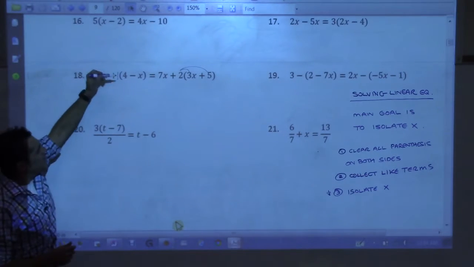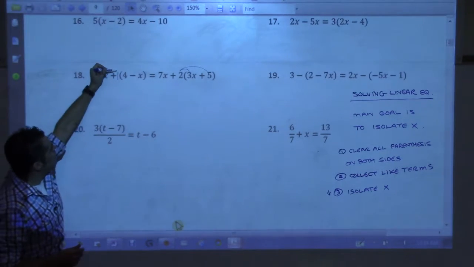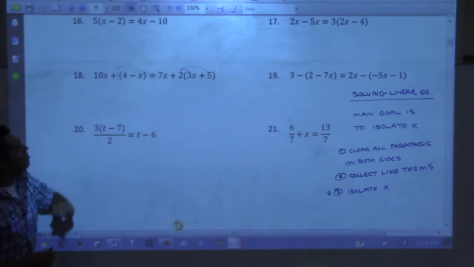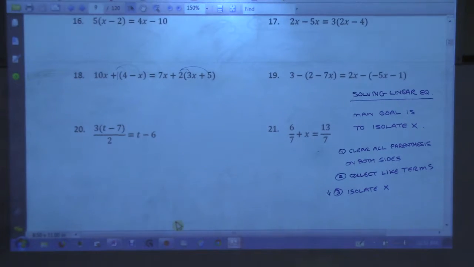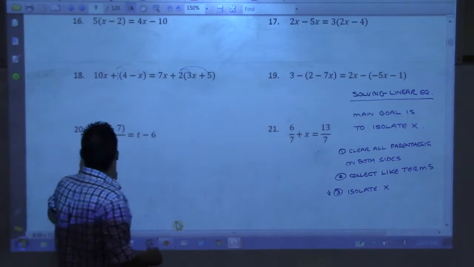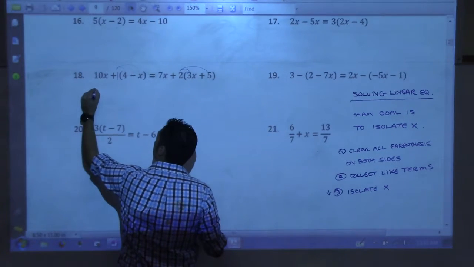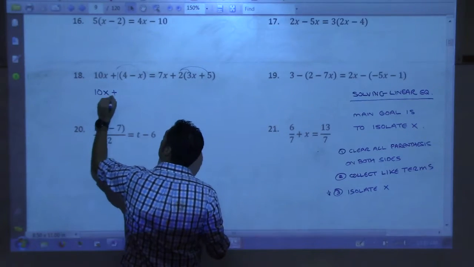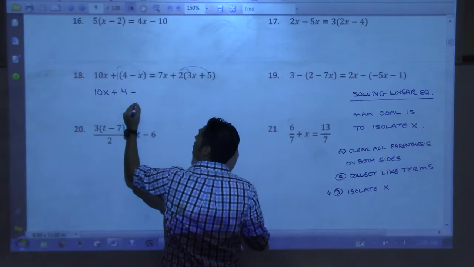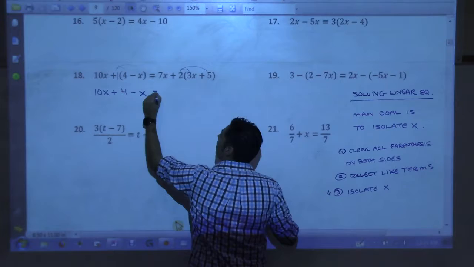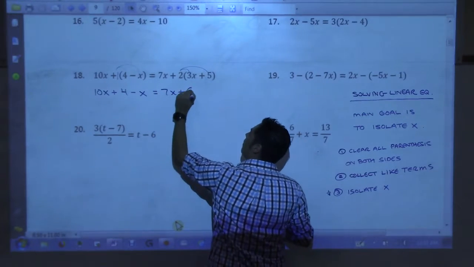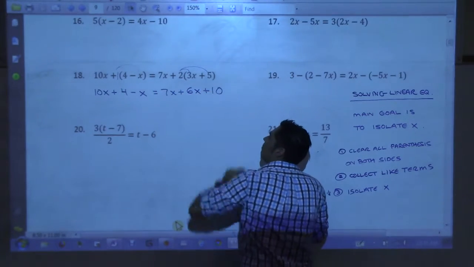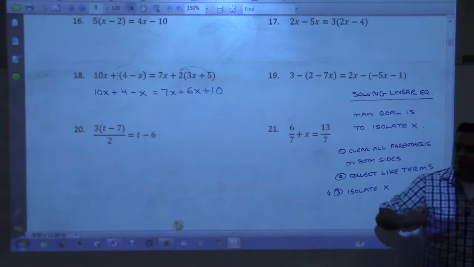And you can imagine doing the same thing we did with the 2 with the 1, like this. 1 through here, 1 through there. So what would the next line read? Go ahead. 10x plus 4 minus x. Good. 7x plus 6x plus 10. Perfect. There we go. Okay. So we have cleared the parentheses.